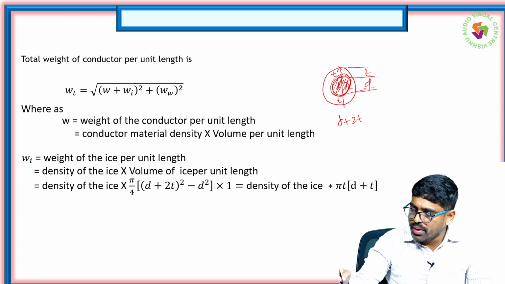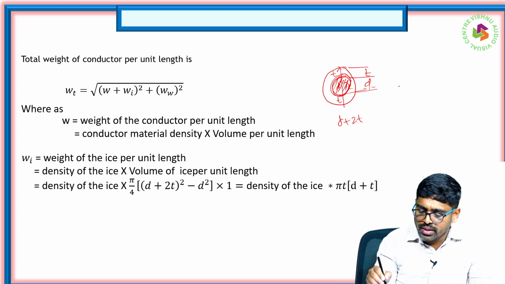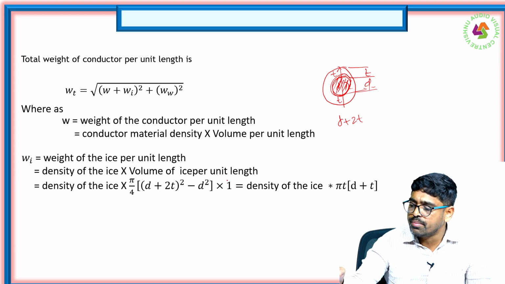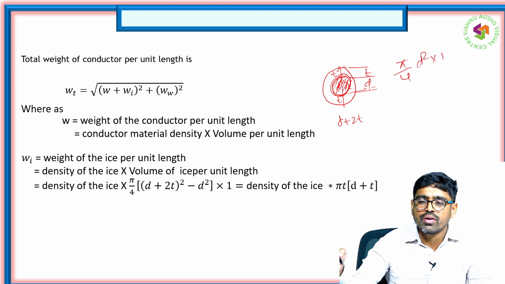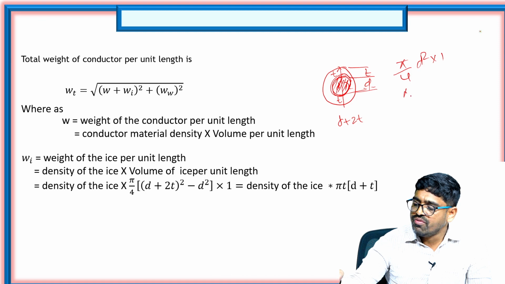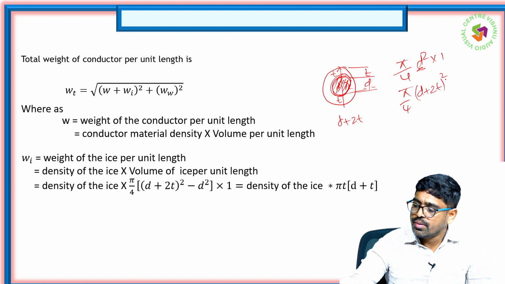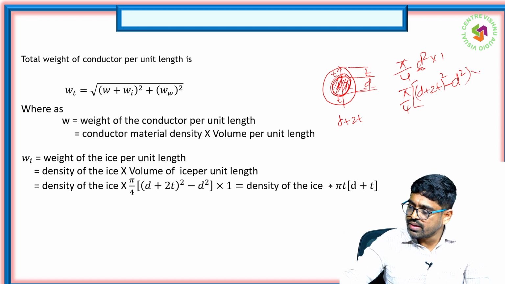So the volume of the ice per unit length is nothing but area into length, that is pi by 4 into d square into 1, so 1 per unit length. Then pi by 4 into (d plus 2t) whole square minus d square into 1.